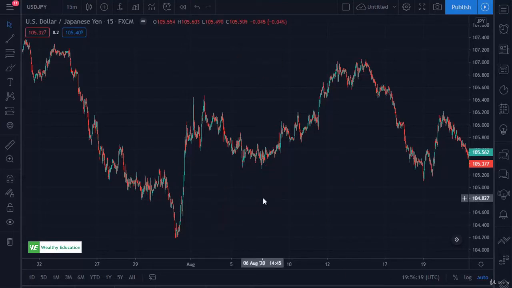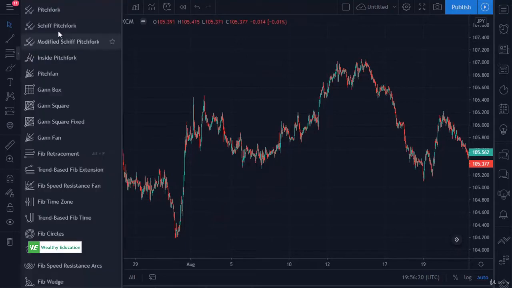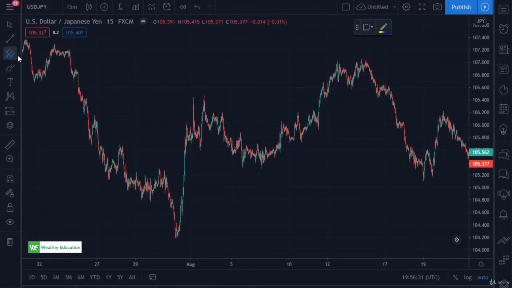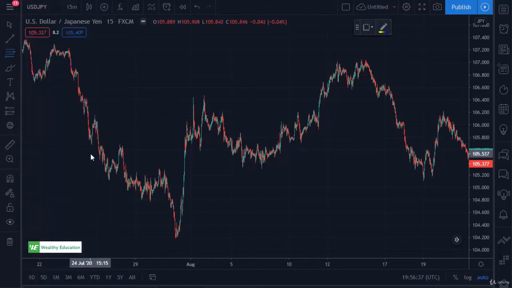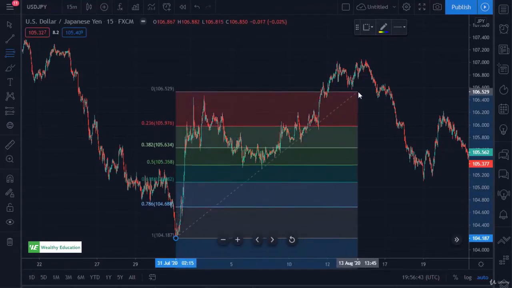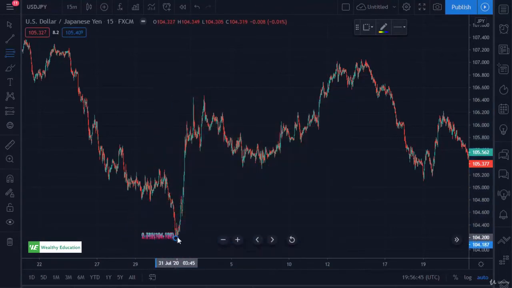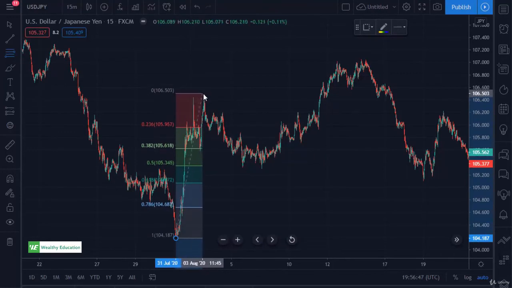So, to draw a Fibonacci tool, on this side here, there is the Pitchfork or Gann Fibonacci tools, and Pitchfork is normally the one that is default. What you're looking for is a Fib retracement, and you can go from where a move started to where it stopped.